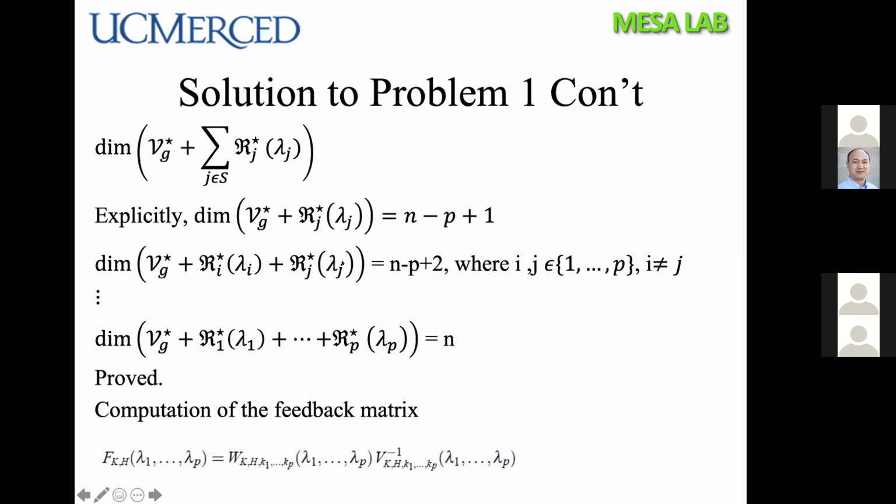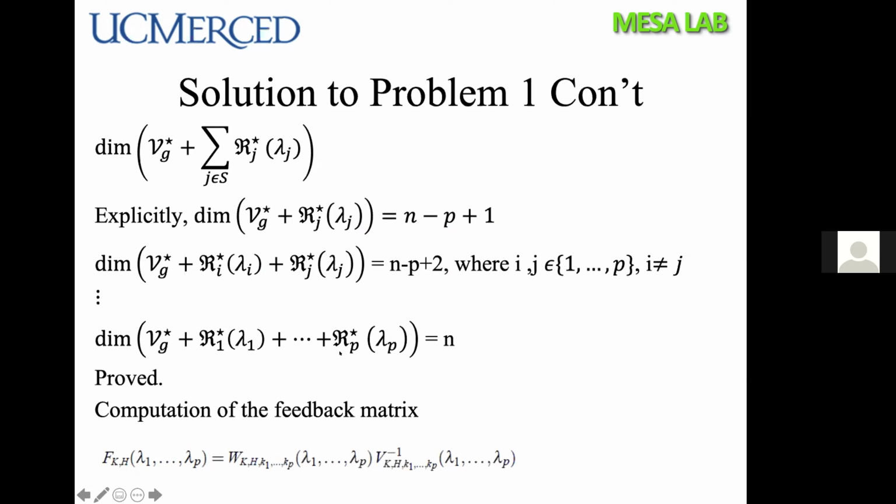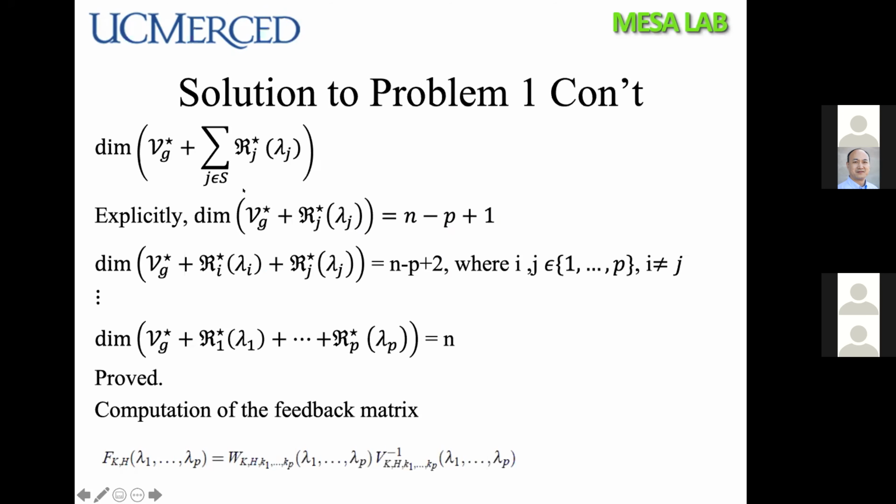So if we add one single Rj in here, it equals n minus p plus 1. If we write two parts, which is Ri plus Rj, it equals n minus p plus r. If we add all of them, which is the span of the sigma, the sum of all Rj from 1 to p equals n, which means even in the single item, the minimum dimension is greater than n minus p plus 1.